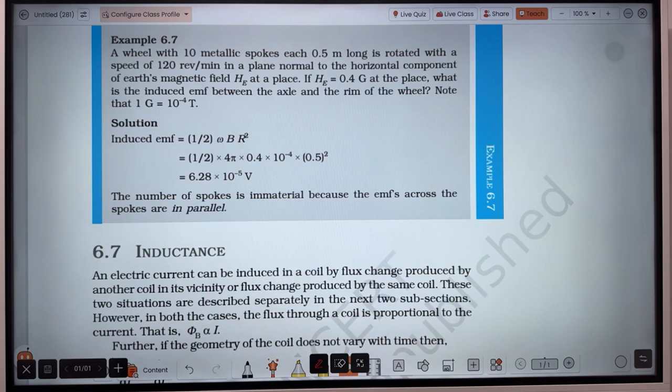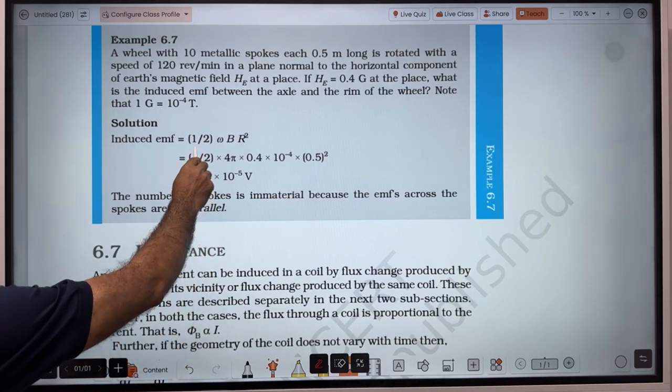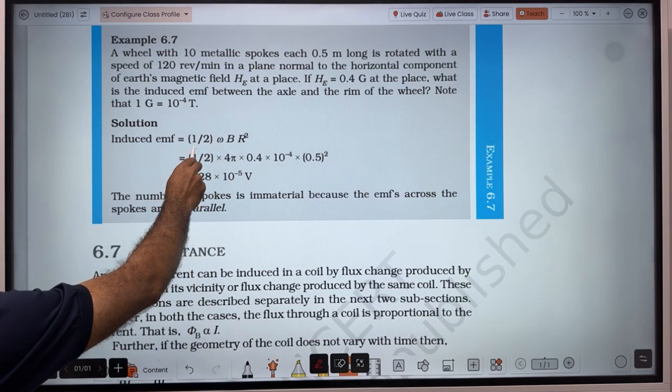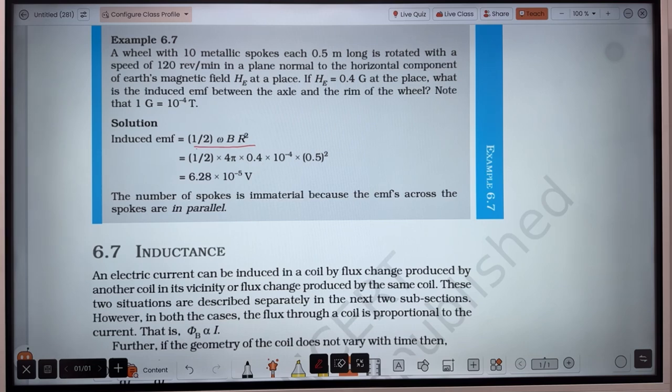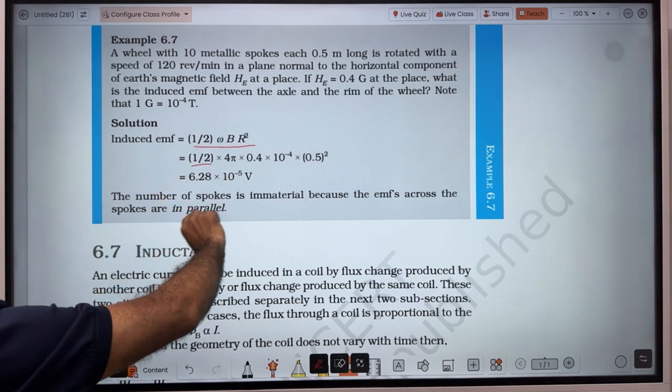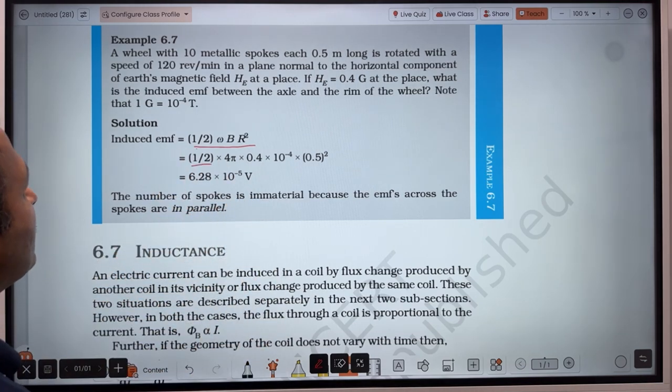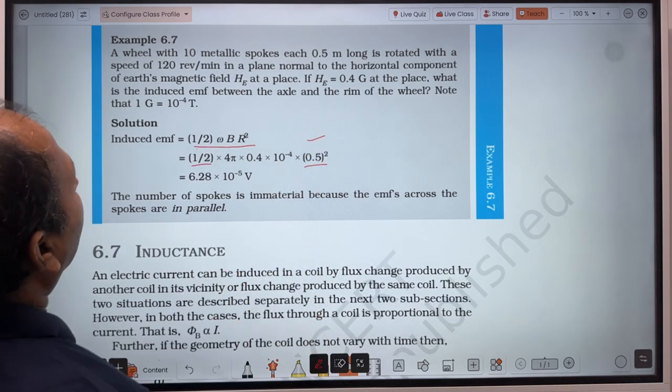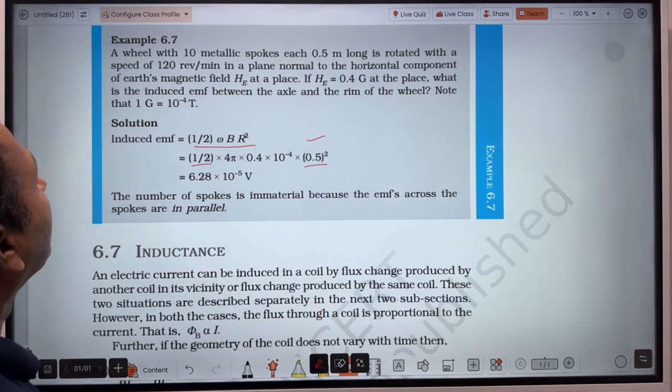So you know very well that the formula value will be 1 by 2 omega times B r square. Radius is how much? 0.5 square, and we put the value of omega as 2 pi times number of revolutions per second.